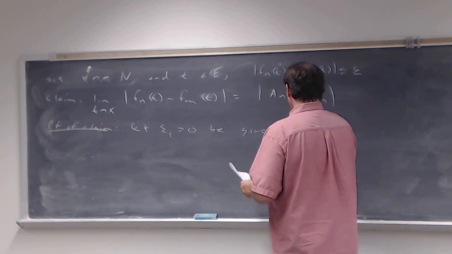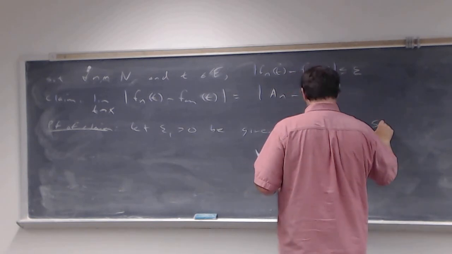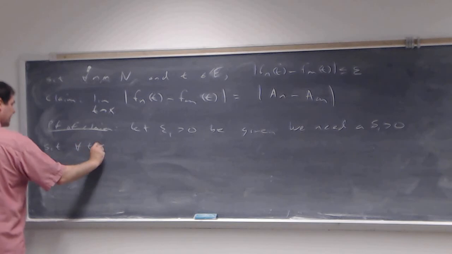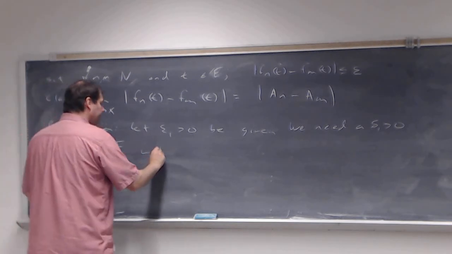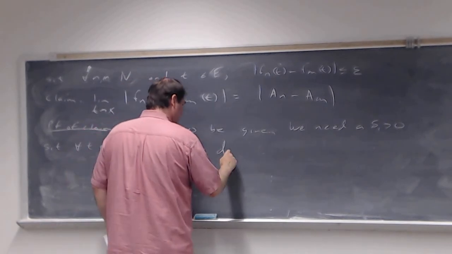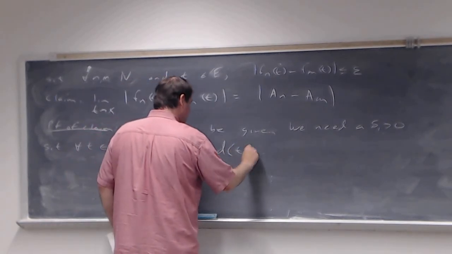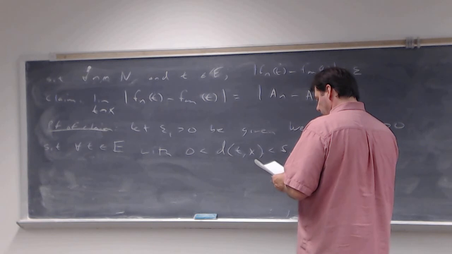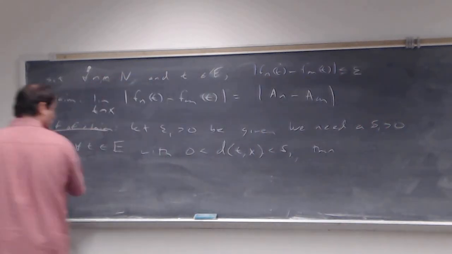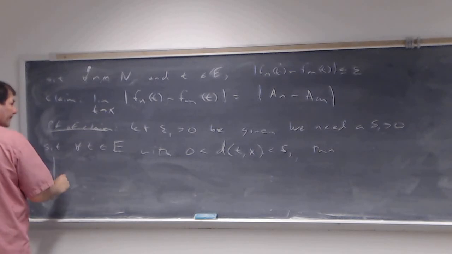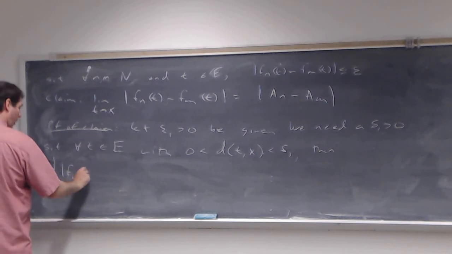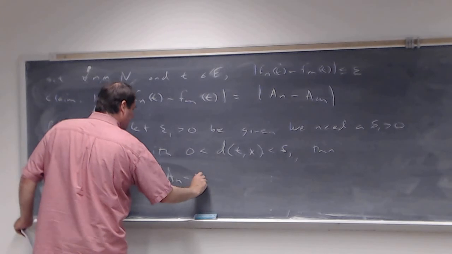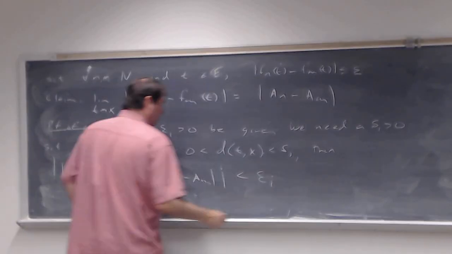So here we need a delta sub 1 greater than 0, because of limits of functions, such that for all t element of E with 0 less than the metric between t and x being less than delta sub 1, then this is what we want: the absolute value of the norm of f sub n of t minus f sub m of t, minus the norm of a sub n minus a sub m, will be less than epsilon sub 1. That's what we want.